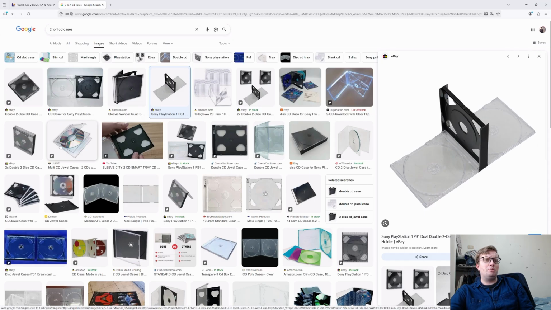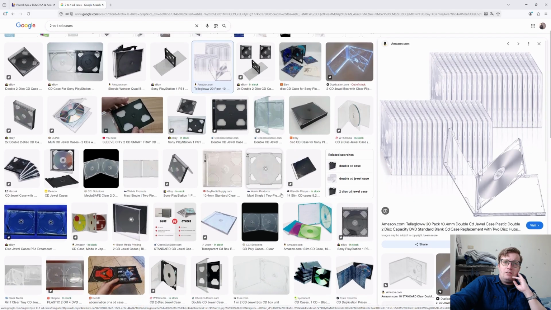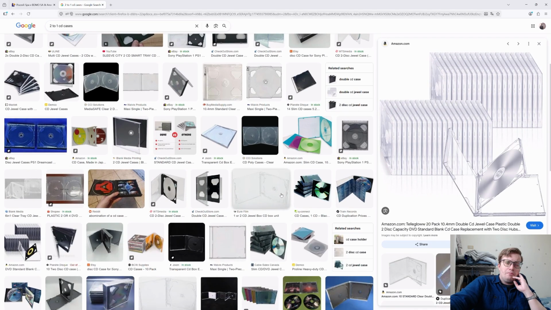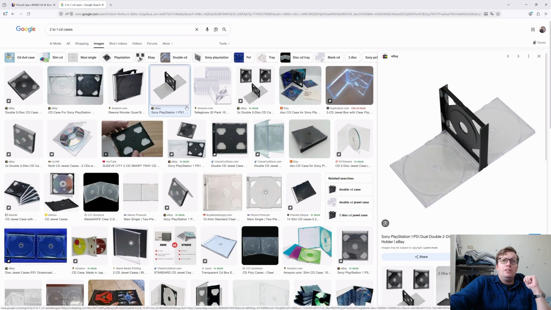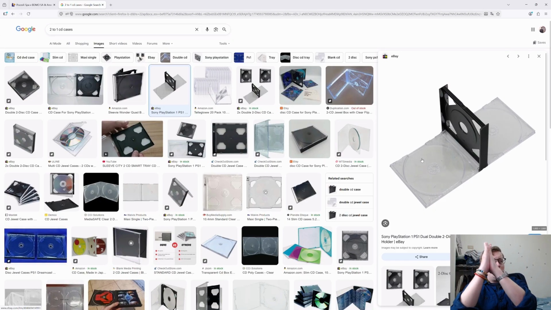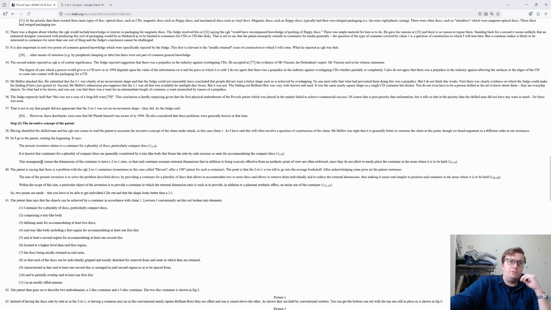So they're trying to say that you're overcoming these things with this kind of multi-layered stacking thing, and also that you're having to put them together like that because then it's the top end, which you don't need to worry about scratching, that are coming together, not the underside, which has the information that you don't want to scratch. Okay, so that's just to remind myself what they were talking about with these 2-to-1 cases.